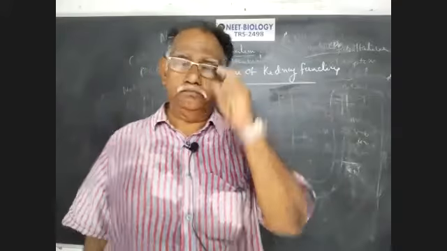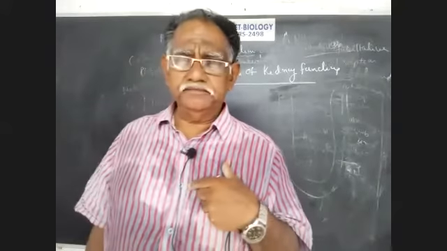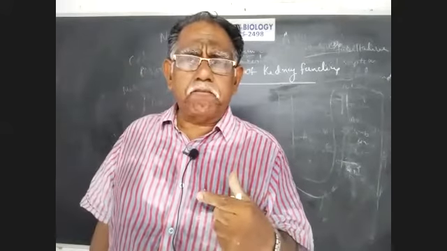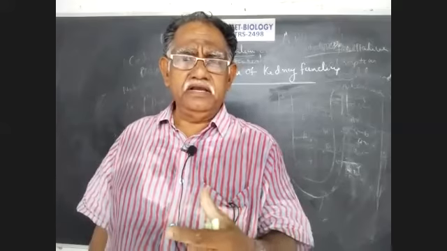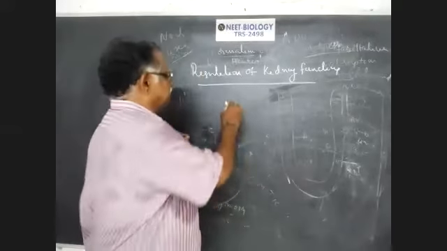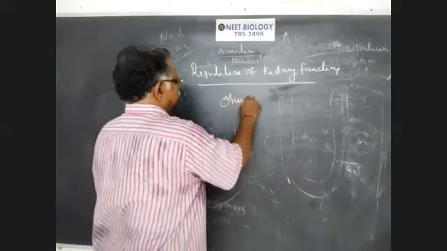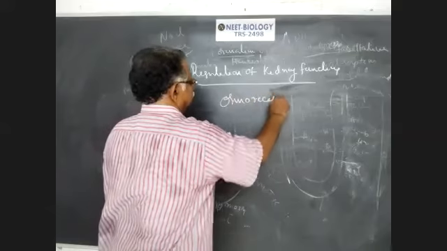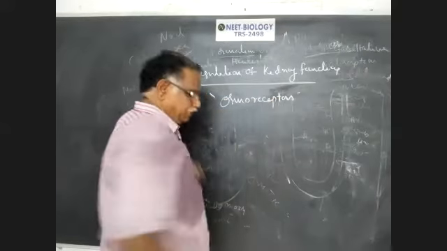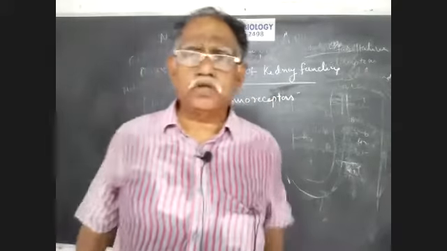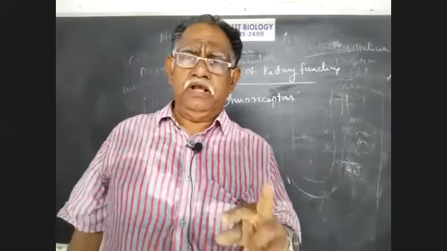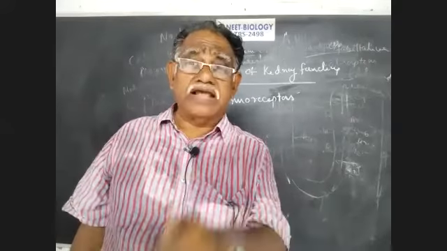You know, in the body, osmotic concentration is measured by osmoreceptors. I told you that in the juxtaglomerular apparatus there are JG cells and macula densa.